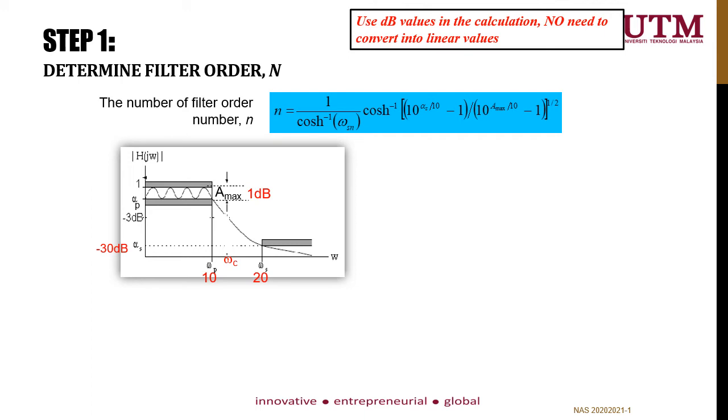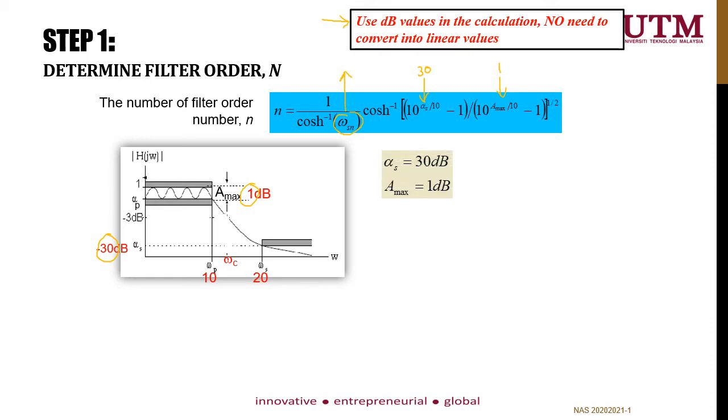Please remember you need to use dB values inside your equation. So alpha S equal to minus 30 dB, ignore the negative, so just put in 30. Then Mx given as 1 dB, so just put 1, and inverse cosh, and then omega Sn you need to refer to a table.